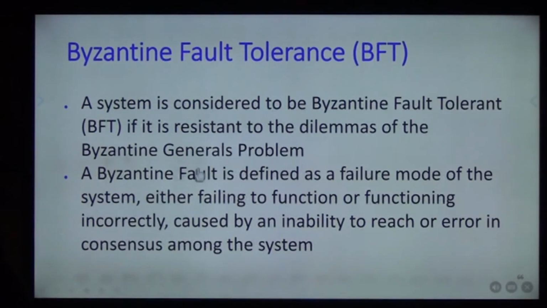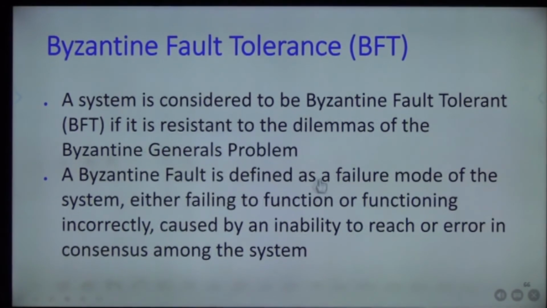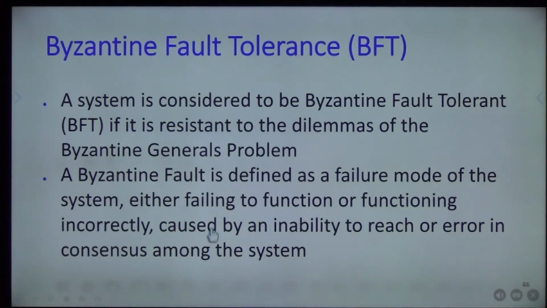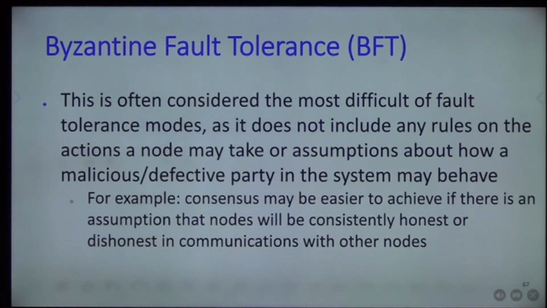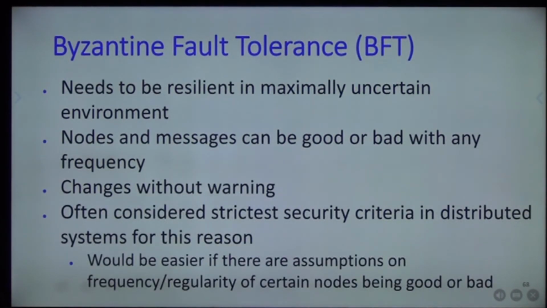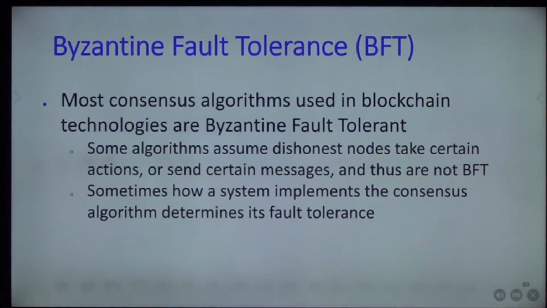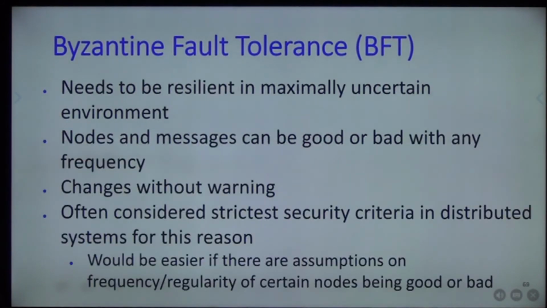A Byzantine fault is defined as a failure mode of the system, either failing to function or functioning incorrectly, caused by an inability to reach or an error in consensus among the system. So there is no consensus. The entire distributed network is split into thinking differently, and that would cause it to fail. This fault tolerance, you can just study.